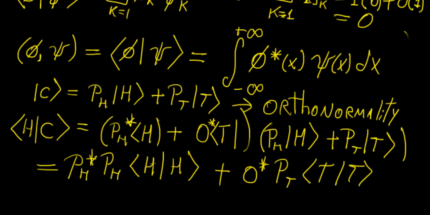This is an inner product of an eigenstate with itself. And we just said that if two eigenstates, or two vectors, are orthonormal, then their inner product should always be 1. So I'm going to write this down here.